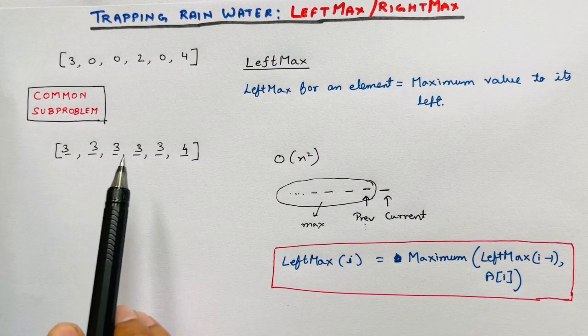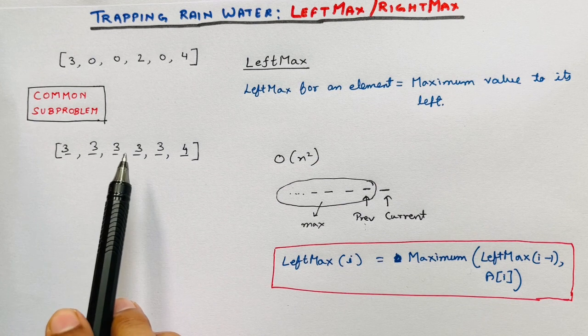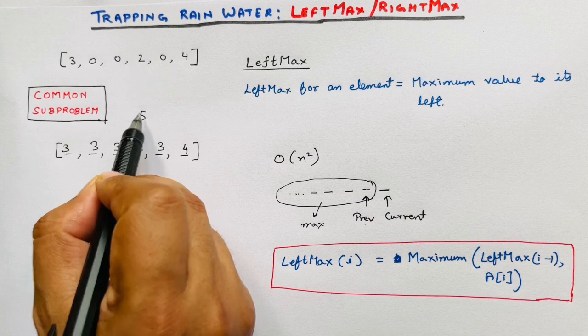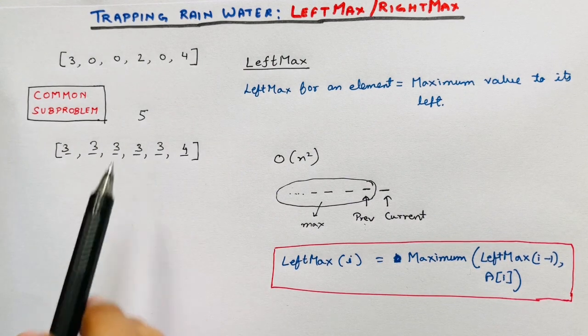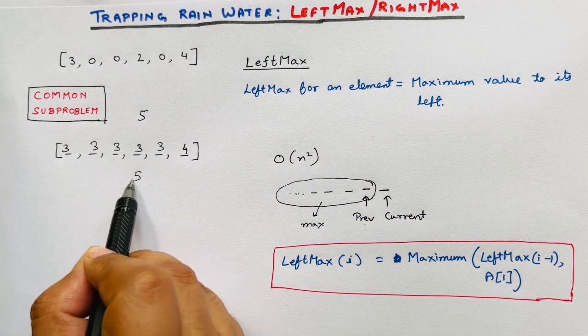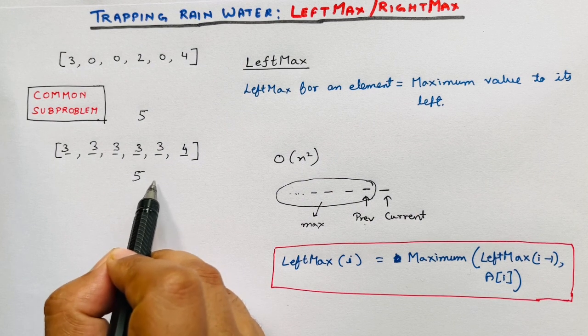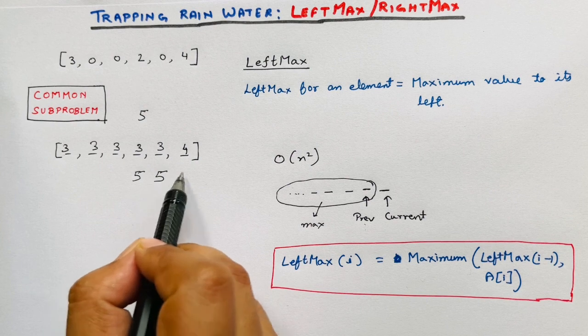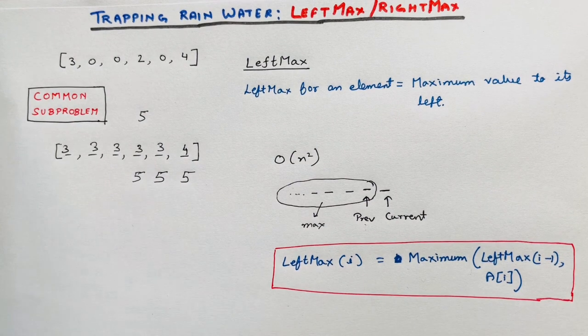Right? Let us say, just for hypothetical example's sake, this element was 5 instead of 2. If this was 5, then the left max here would have been 5, and even for this element we'll see that the left max is 5 and this also is 5.